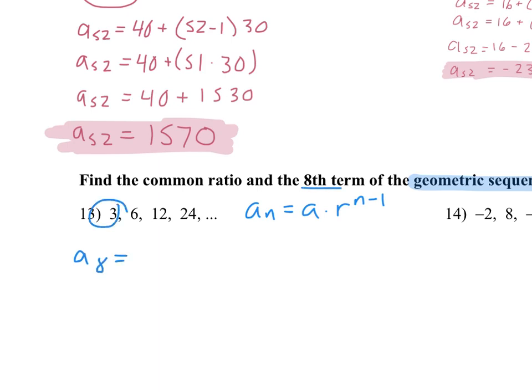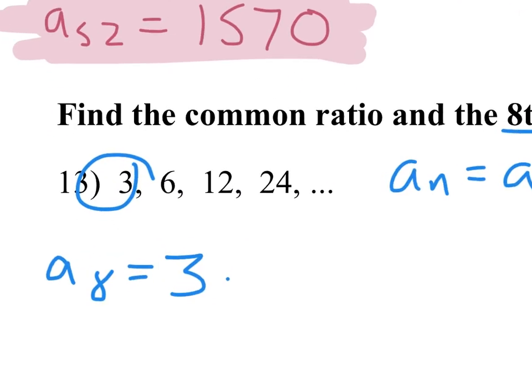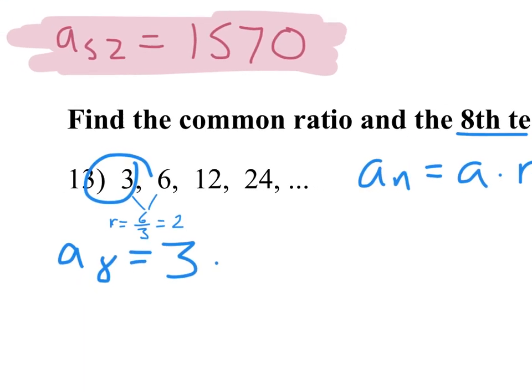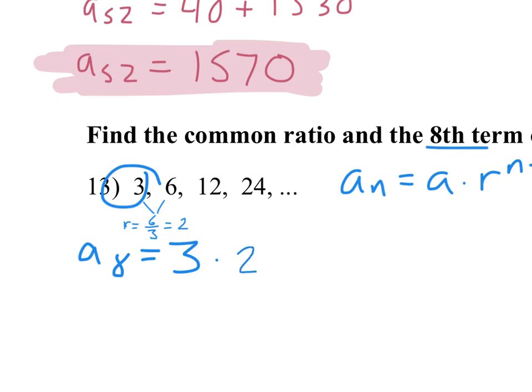So we start with our first term times, to find our ratio, what we need to do is take our second term and divide it by our first one. So 6 divided by 3 is 2. So our ratio is 2. So we plug in 2 raised to the 8 minus 1 power.